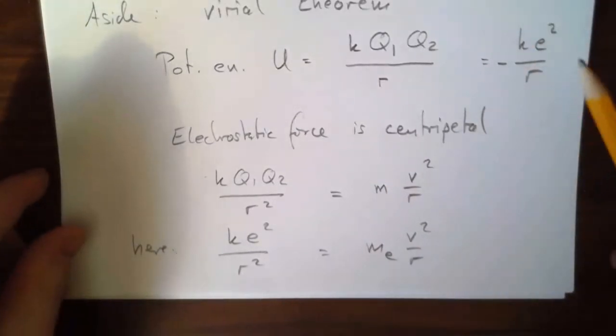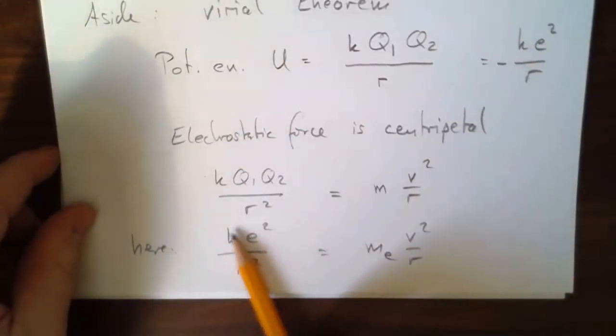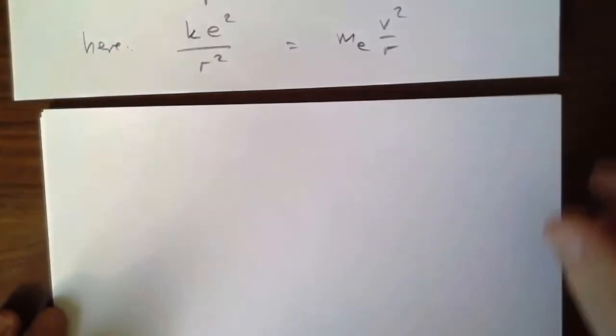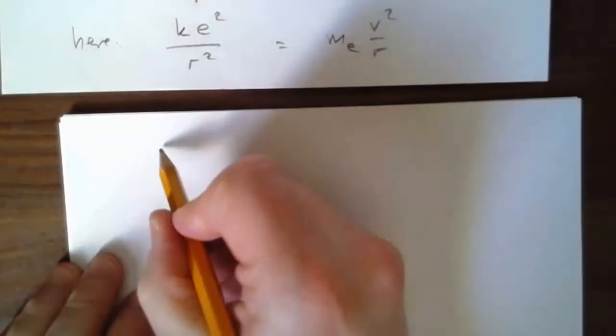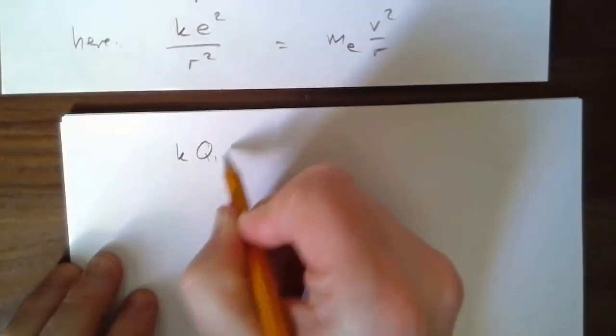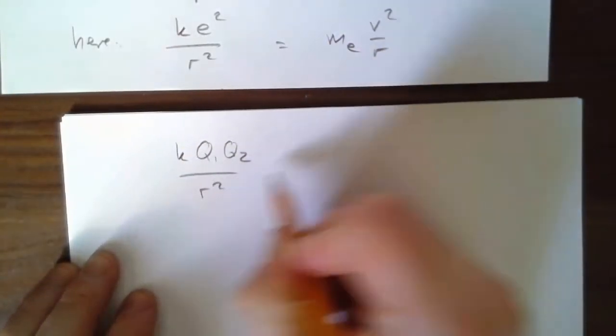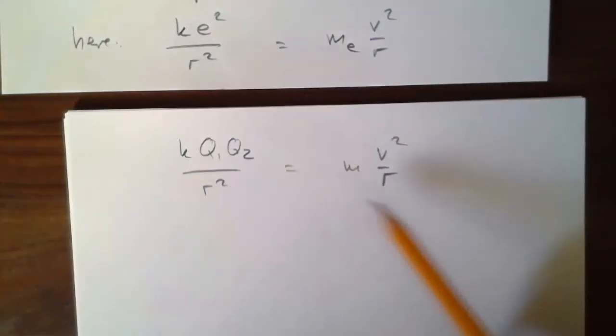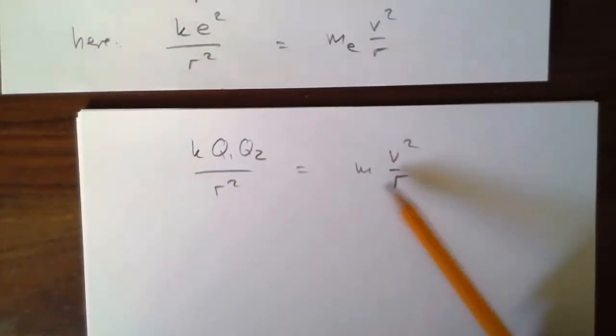Okay, we've got those expressions. Now, let me write it down again. Q1 Q2 over R squared is m v squared over R. This is telling me the electrostatic force acts as a centripetal force.